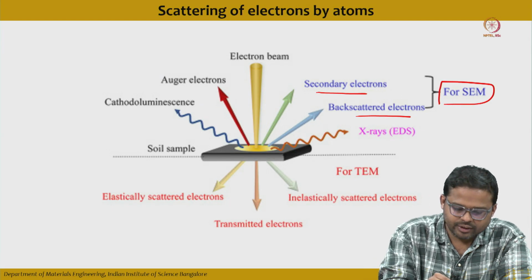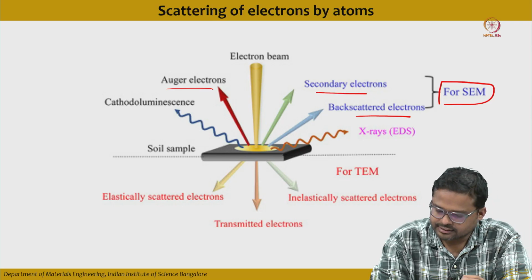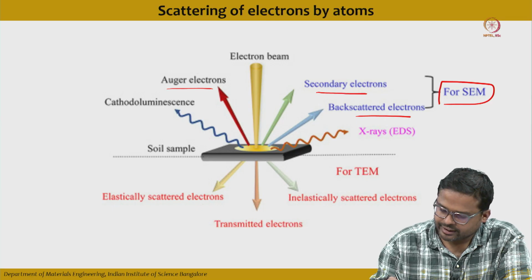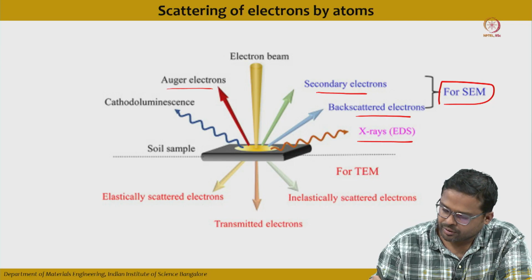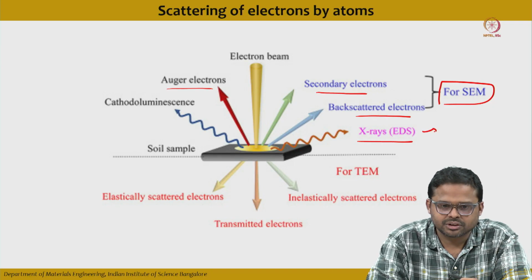Then they also release the Auger electrons, which we will come to in subsequent discussion, and they also produce X-rays which are very important for the elemental compositional analysis. So, this is energy dispersive spectroscopy, and these X-rays have a characteristic wavelength corresponding to the element present in the sample. So, you can get the quantification or the composition of that particular sample.